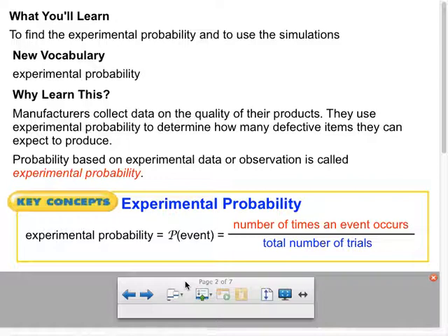Now, the experimental probability isn't necessarily the same as the theoretical probability. Let me give you an example. If I did one trial and I rolled the dice and it landed 4 up, that's 1 out of 1, right? That's 100% experimental probability. Is that accurate? No. Because I had one trial and it was a successful roll of 4.